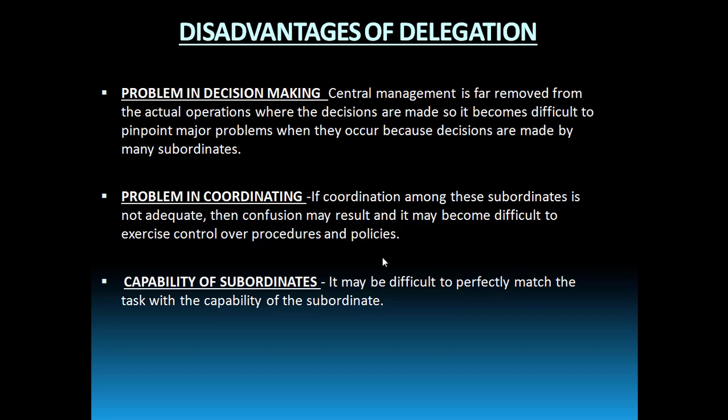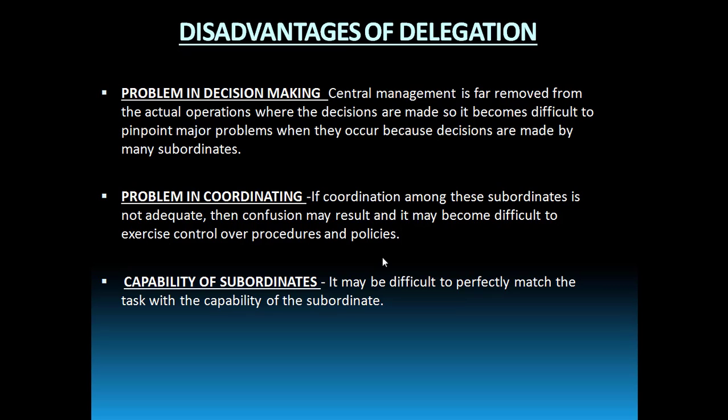Now, when they are doing work which is related to each other, it becomes very important that there should be coordination among the subordinates. If the subordinates are not coordinated, then ultimately there will be a lot of confusion. There will be problems in finding out the result. There will be problems in jotting down the outcomes properly, right? So it is very important to maintain proper coordination among the subordinates.